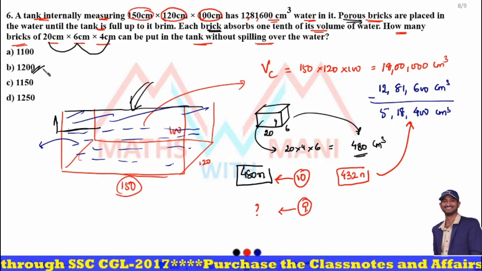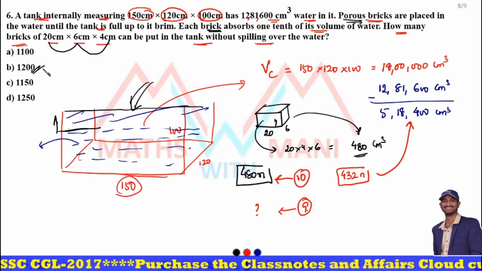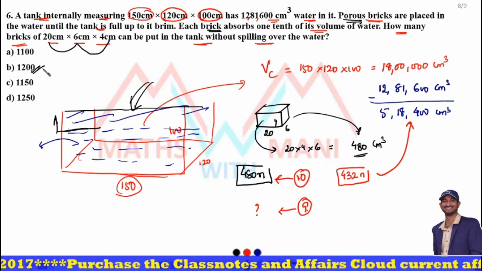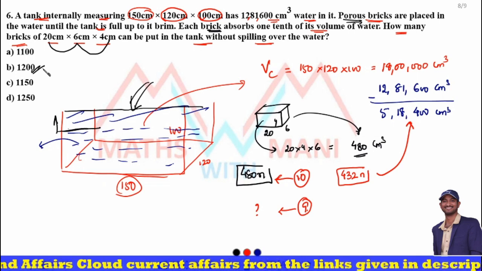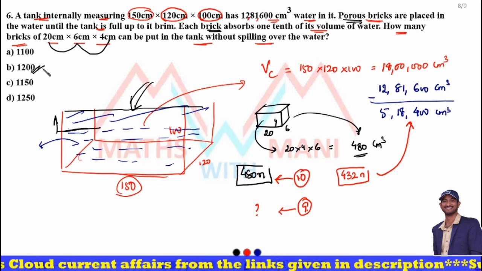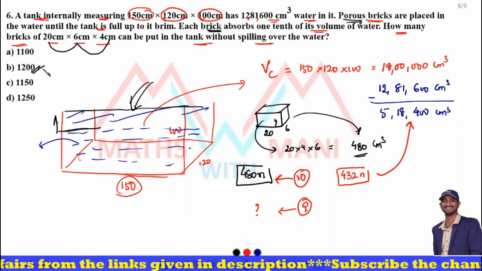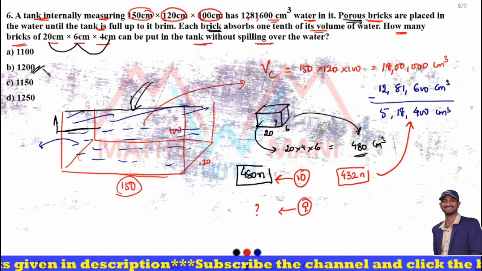Out of more than 60 questions, you may get 5 to 6 questions of the same type of models, maybe even the same values. So that's why you have to prepare these questions and download the PDF from the description and also the comment section.